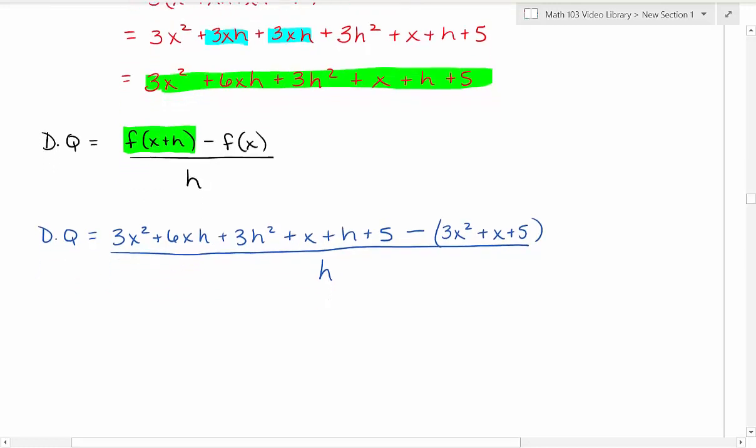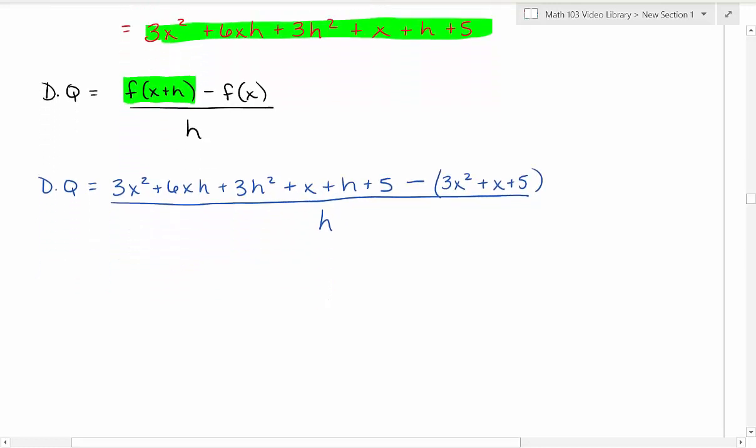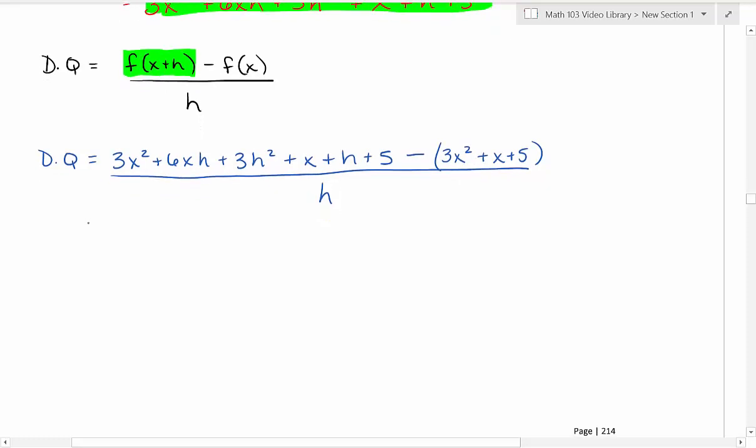We can continue to simplify the numerator by distributing the negative and combining like terms.